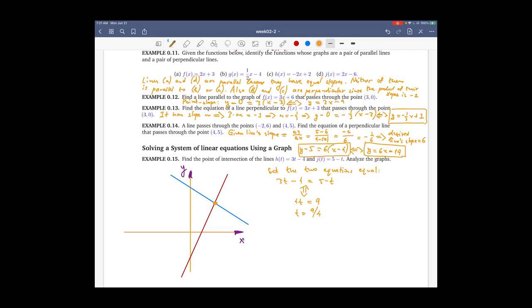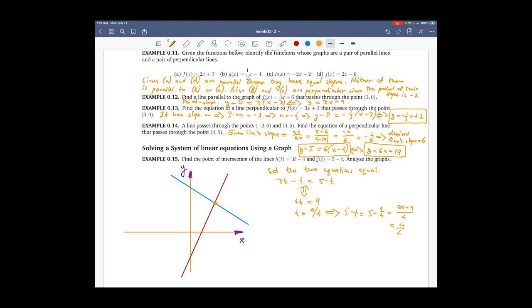And to find the corresponding y value, we can substitute for t 9 over 4 in either equation. For instance, in the second equation, 5 minus t will be 5 minus 9 over 4. A little bit of algebra gives 11 over 4.